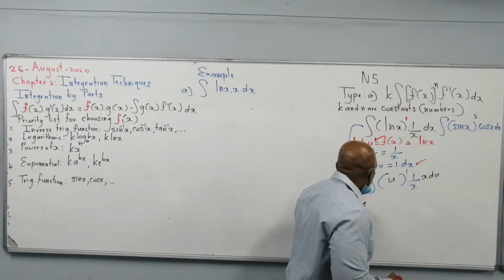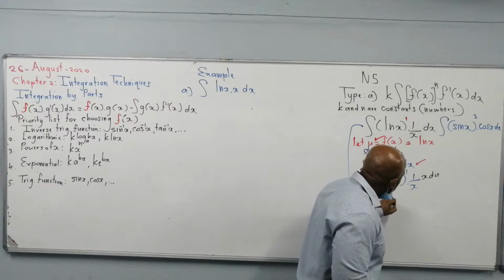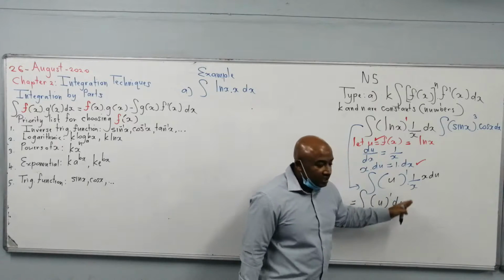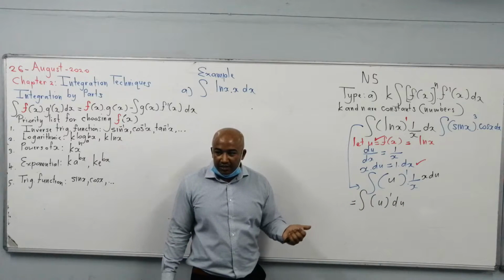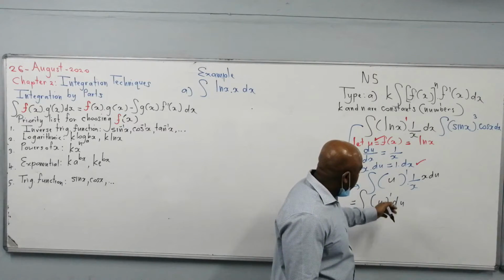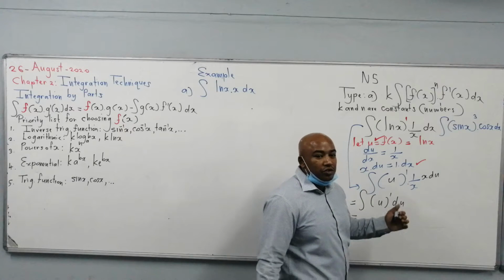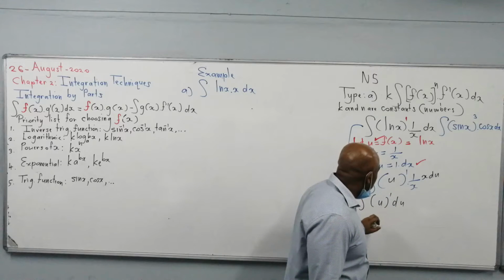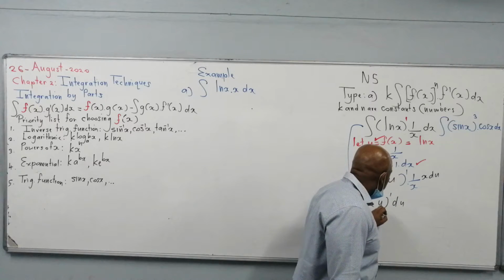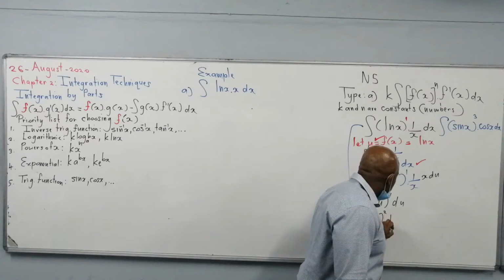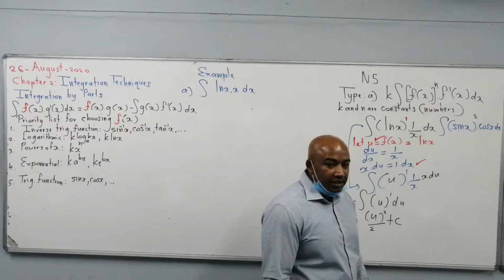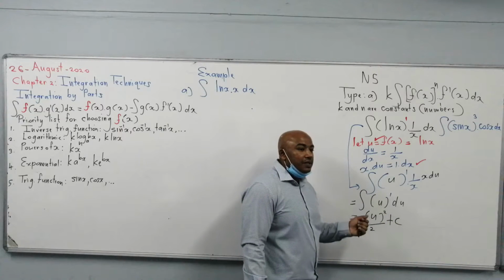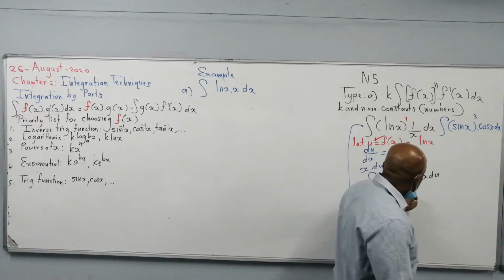So this is equal to the integral of u to the power 1 du, because x and x cancel there. Can you see that? Now it's reduced to the type that you did in N4. When you have u to the power 1, then 1 plus 1 gives me 2, so u squared over 2 plus c, and then you're done. Now, substitute back for u.